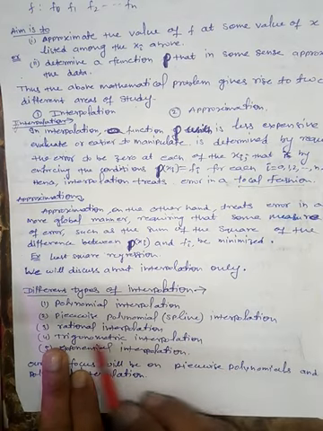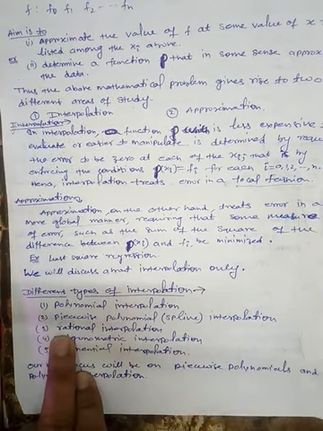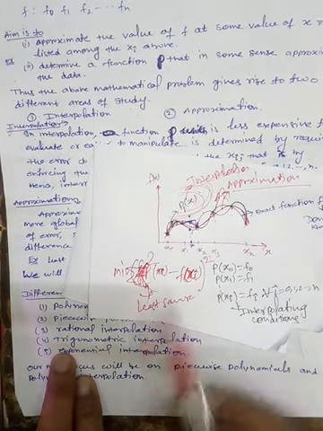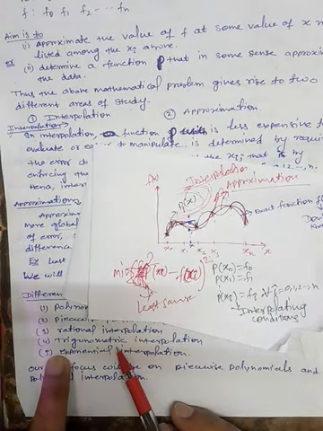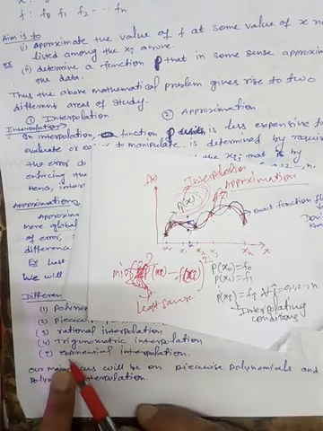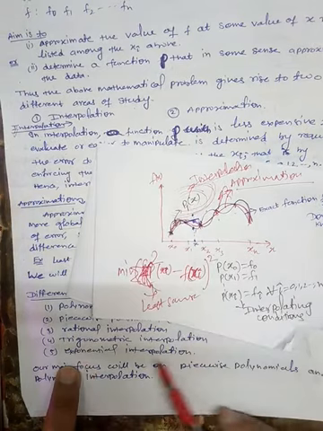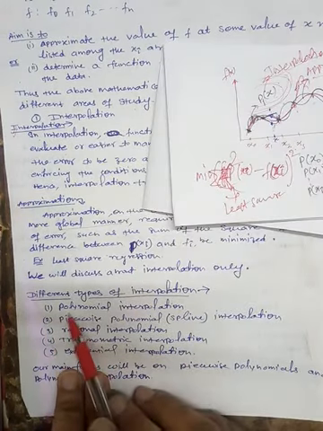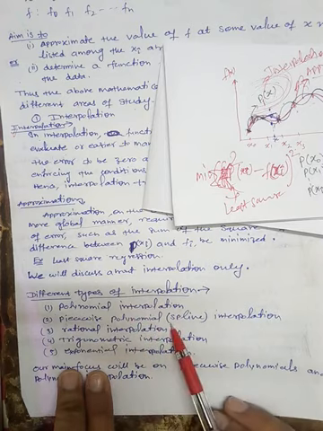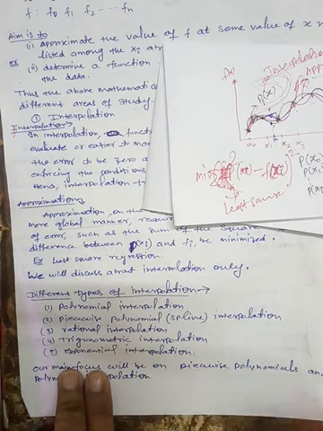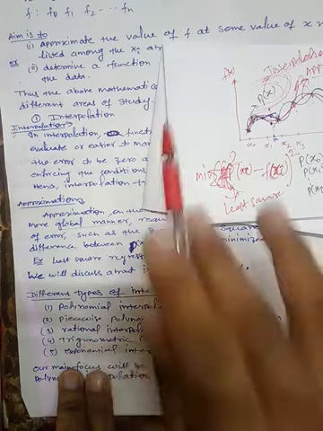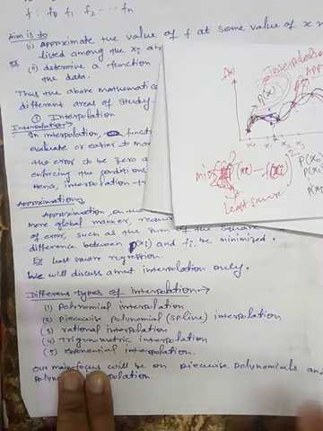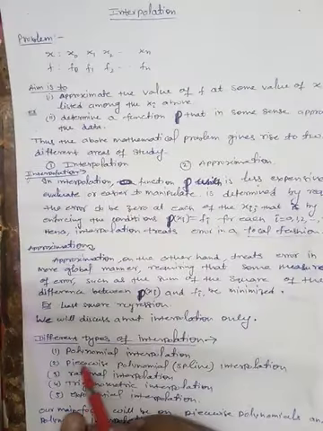Then rational interpolation, when P is a rational function. When P is a trigonometric function, then trigonometric interpolation. When P is an exponential function, then exponential interpolation. Here we will cover the first two: polynomial interpolation and piecewise polynomial or spline interpolation. In this chapter, we will cover polynomial interpolation and piecewise polynomial interpolation. So let's see the first part, polynomial interpolation.